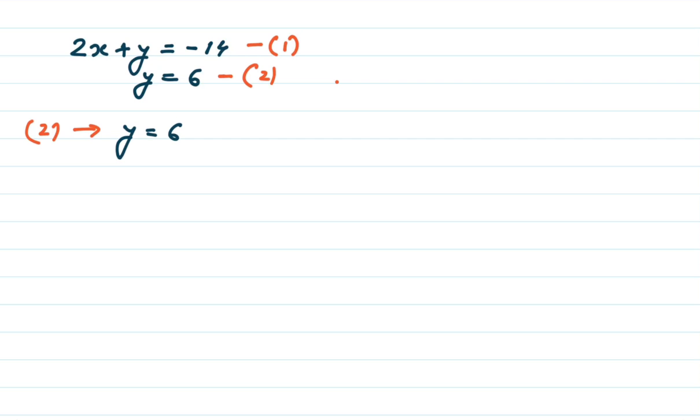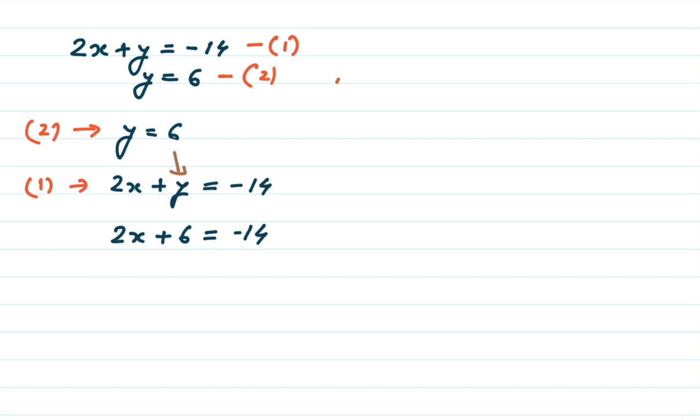I put this value of y into my first equation, which is 2x plus y is equal to negative 14. So I'm going to replace this y here with a 6. So it is going to be 2x plus 6 is equal to negative 14.